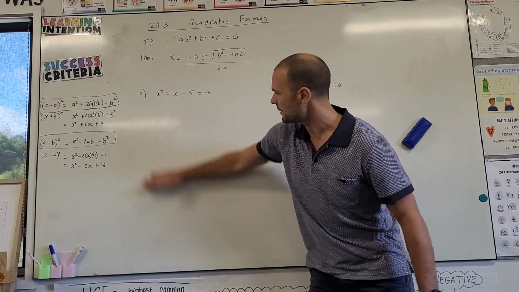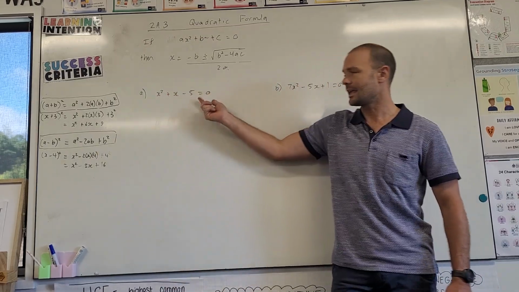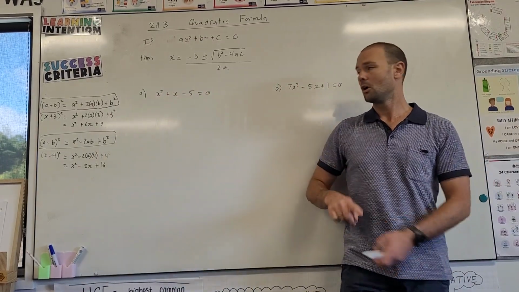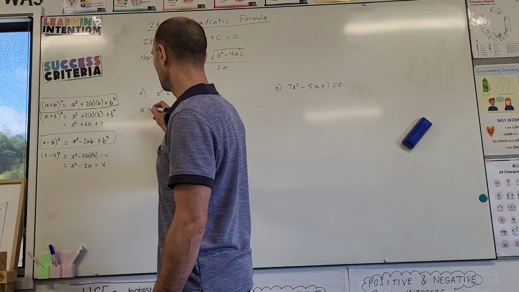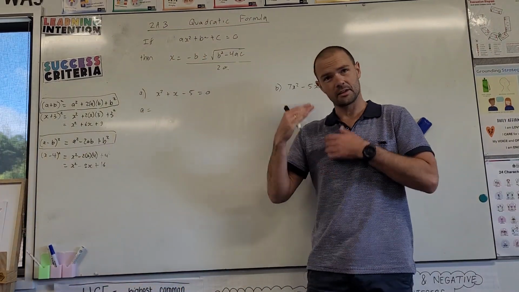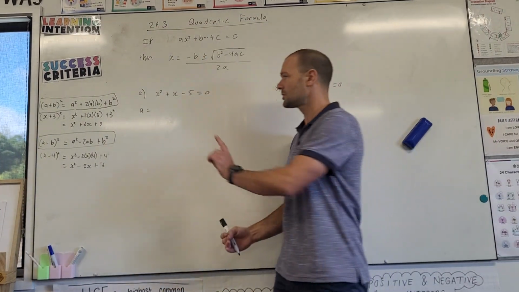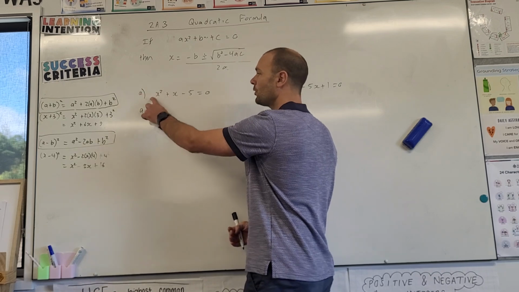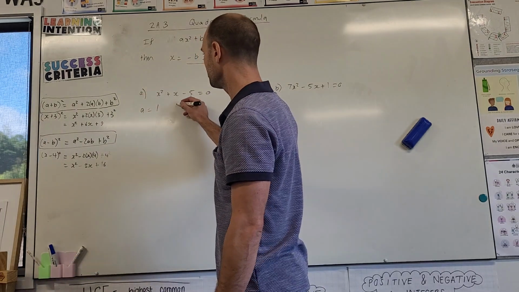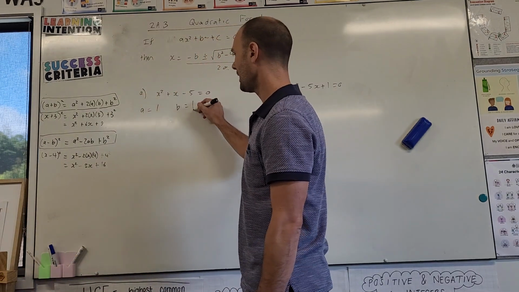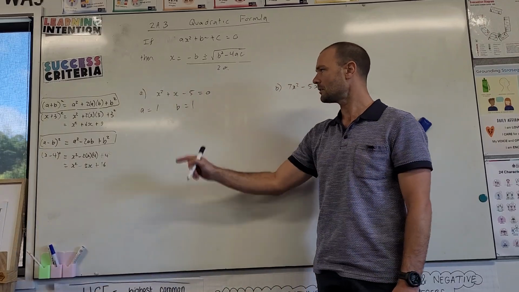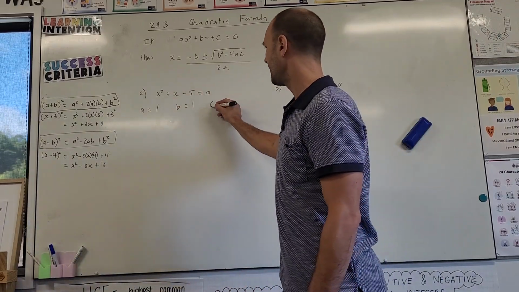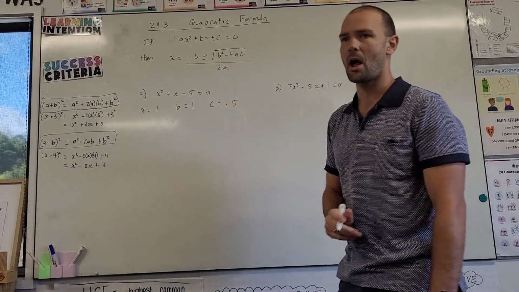So let's have a look at our first example. We have a quadratic equal to 0. We're ready to go. What we'll do is we'll just say, what's the value of a first? A is the coefficient of the x squared term. In this circumstance, when there's no number written there, a is 1. B is also 1. We have one lot of x squared, we have one lot of x, and our constant term c is minus 5.